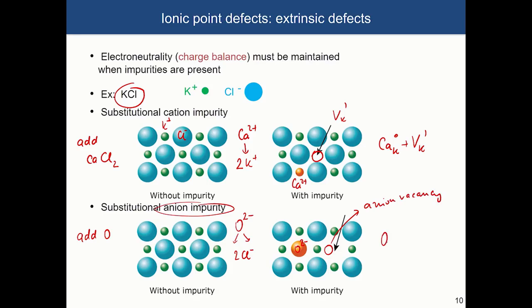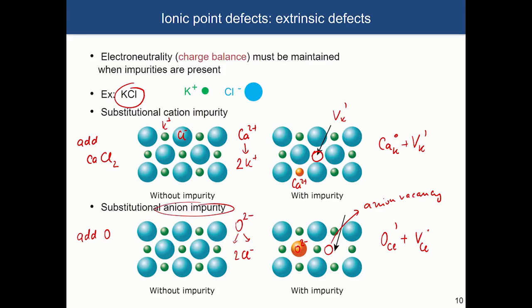How would I write this? Oxygen is replacing one chlorine atom and carries the charge, plus the vacancy that carries the opposite charge. Okay? Depending on what compounds you're mixing, you have to understand what is really happening at the atomic level.